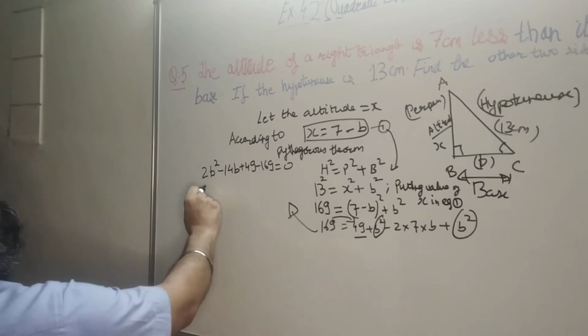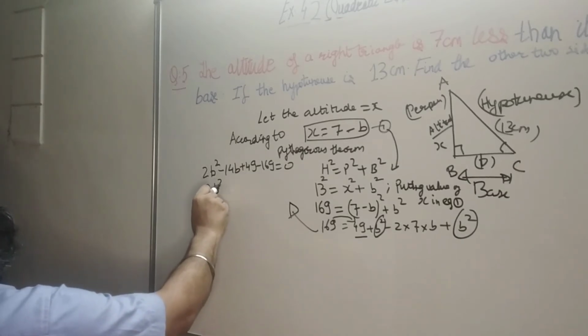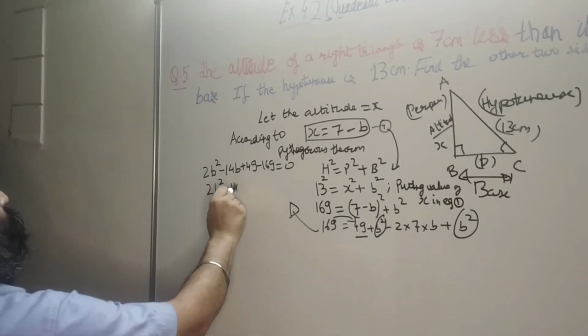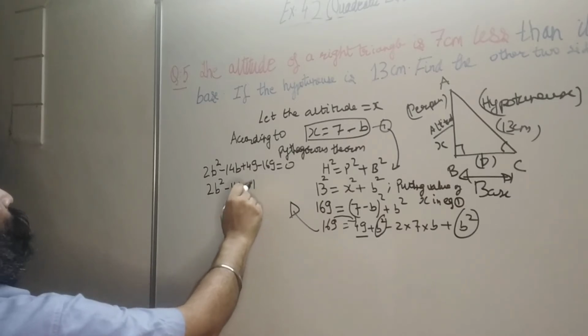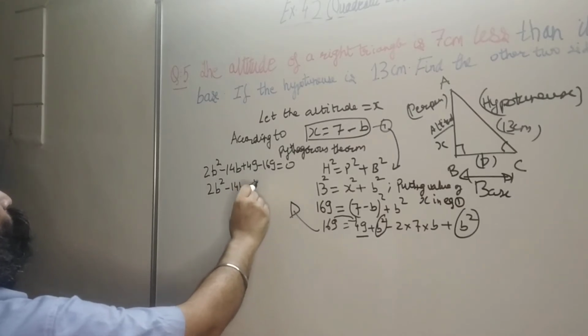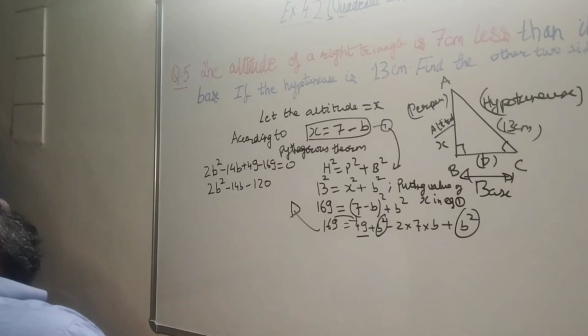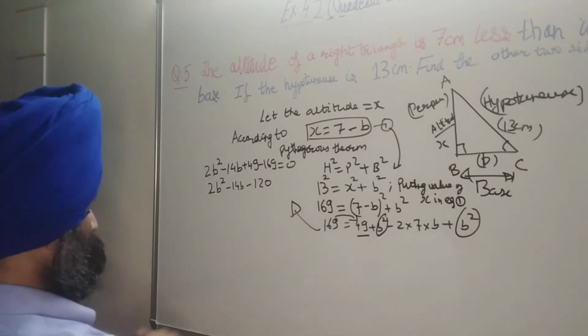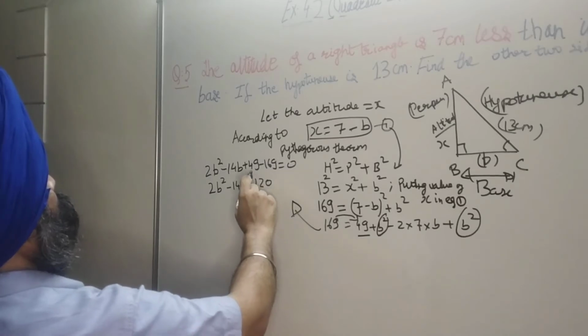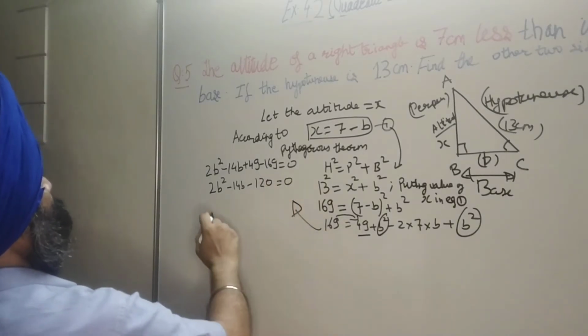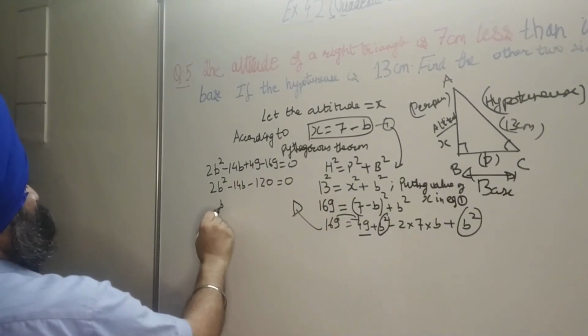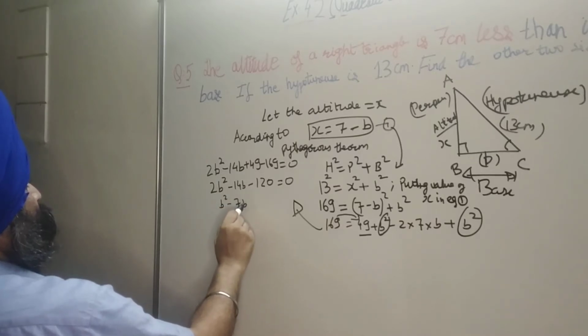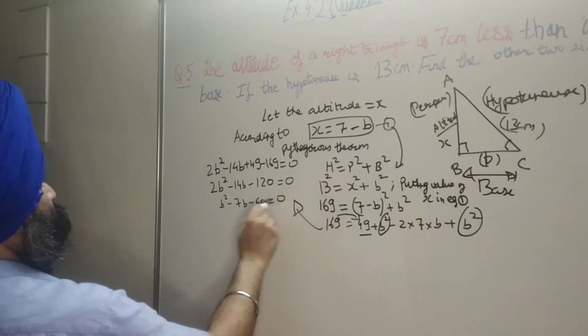So we get equation as 2b square minus 14b minus, कितना आ जाएगा ये, 120 आ जाएगा equal to 0. So this is b square minus 7b minus 60 is equal to 0.